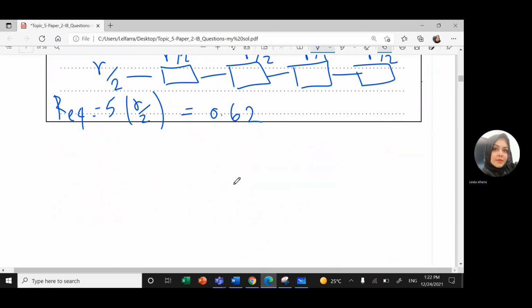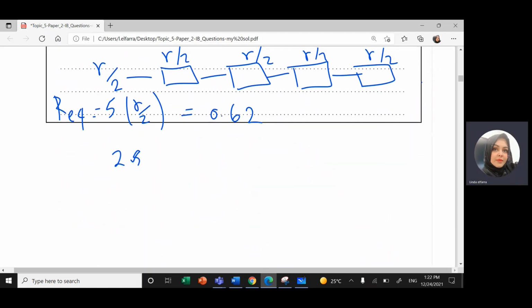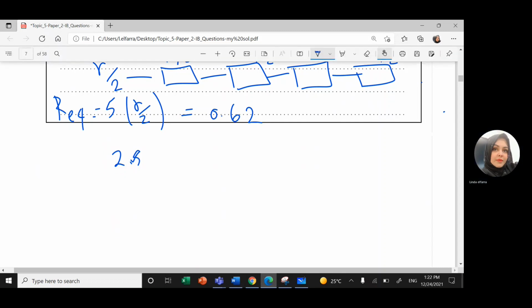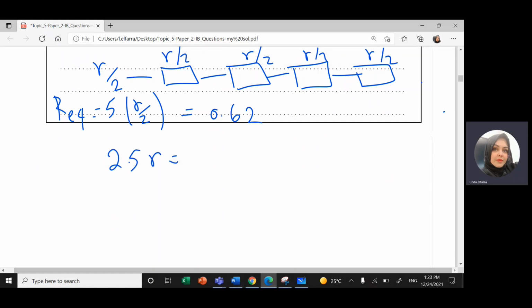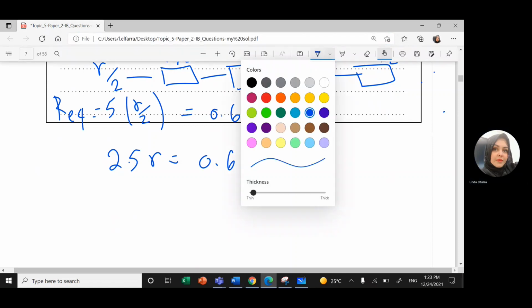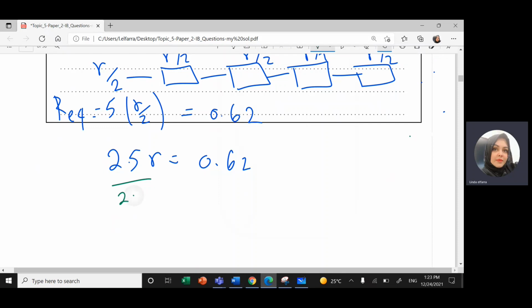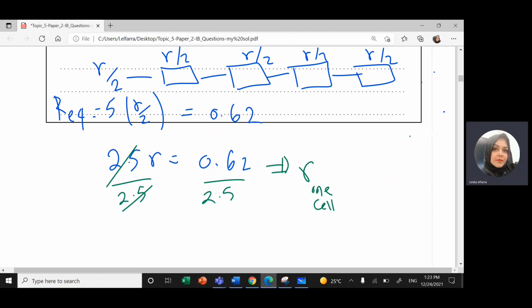So 5 over 2, it's 2.5 r, 2.5 r will be 0.62. Divide both sides by 2.5 and we'll get the internal resistance of one cell: 0.62 divided by 2.5, and this will be 0.25 ohm.